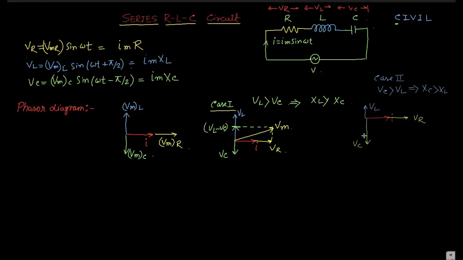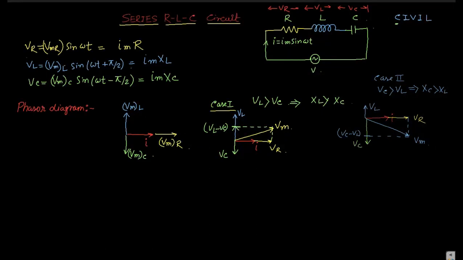So this part will be, if you subtract VL from VC, VC minus VL, the resultant part. And if you draw the resultant of VR and VL minus VC, that is the maximum magnitude of the voltage, denoted by Vm or V naught, whatever you can denote it. Now what will be the impedance? You can consider any one of these two.